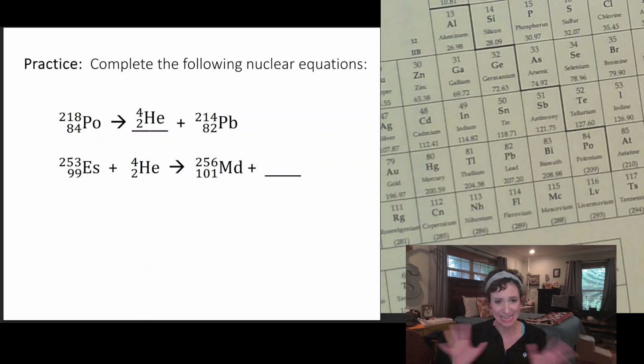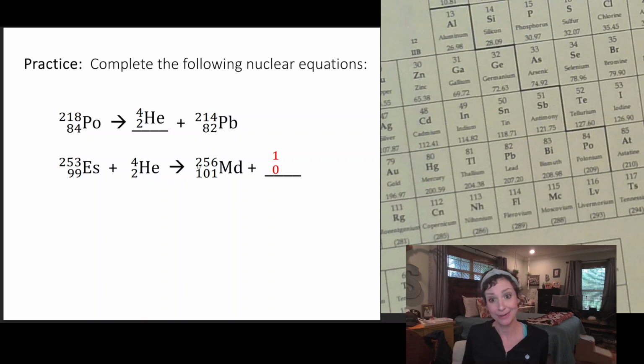Moving on to the next, same mentality. All we are going to do here is find whatever the missing numbers are on top and on bottom to satisfy the law of conservation of mass, and then map it out to what element that represents on our table. Okay, so here I had 253 plus 4. That's a total mass of 257.